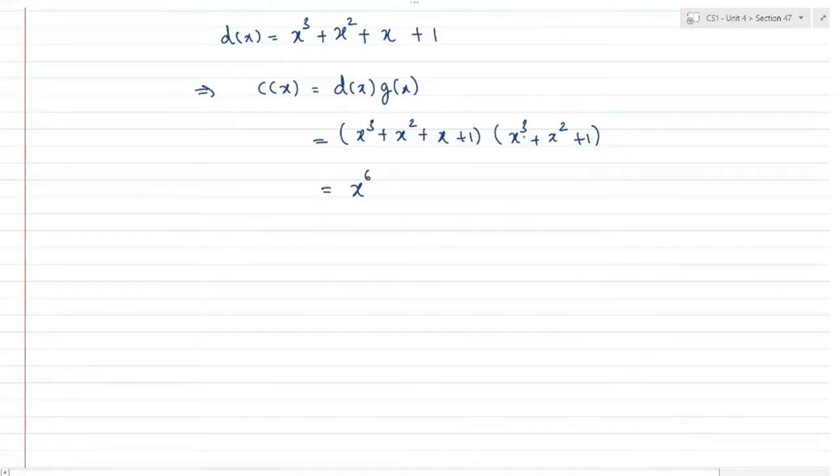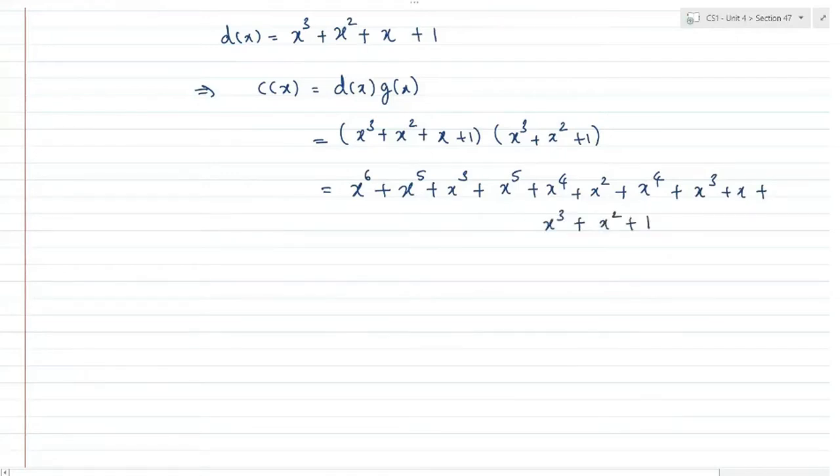Carefully writing what doesn't get cancelled: x power 6, then x power 5 plus x cubed, then x power 5 plus x power 4 plus x squared, then x power 4 plus x cubed plus x, then the last term x cubed plus x squared plus 1.